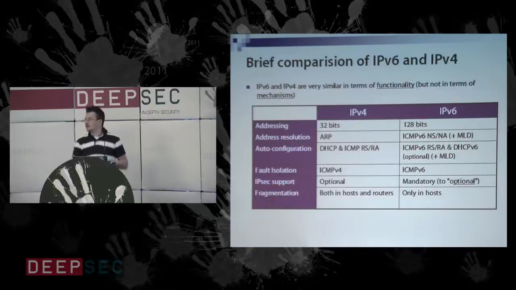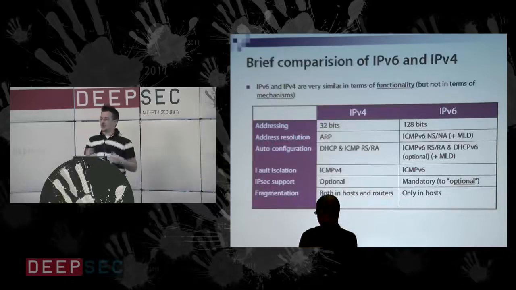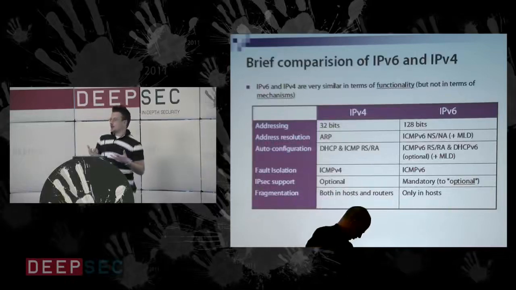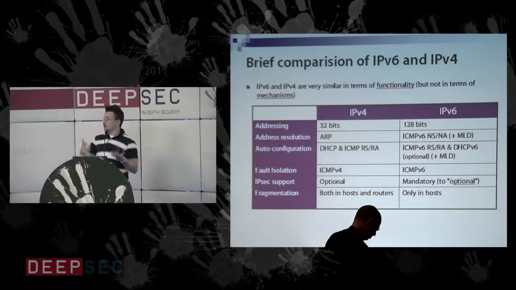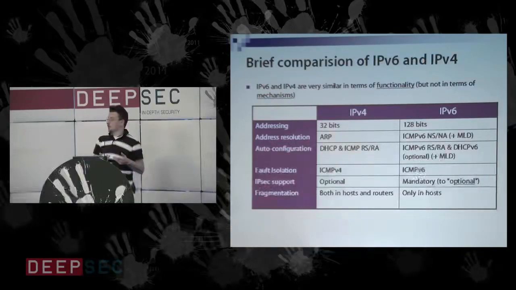MLD is Multicast Listener Discovery, which is basically a protocol that is used for handling multicast traffic. The reason I mention it in the slide is because when it comes to, for example, neighbor discovery, that of mapping addresses to link layer addresses, IPv6 uses multicast as opposed to the broadcast that we have in v4, and that is the reason why it has to implement multicast listener discovery too.